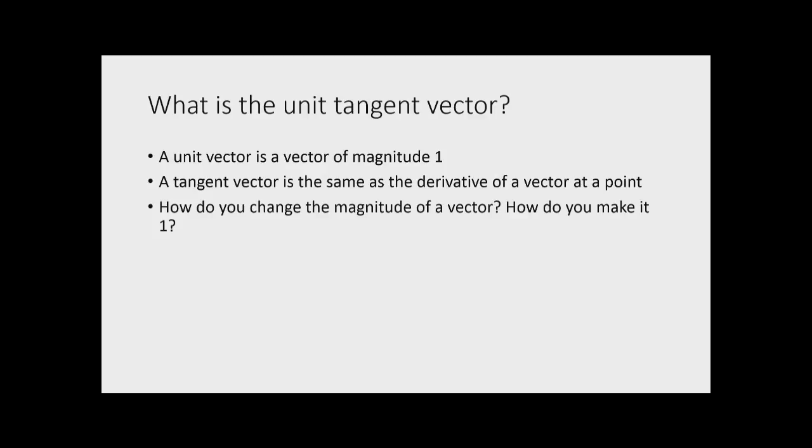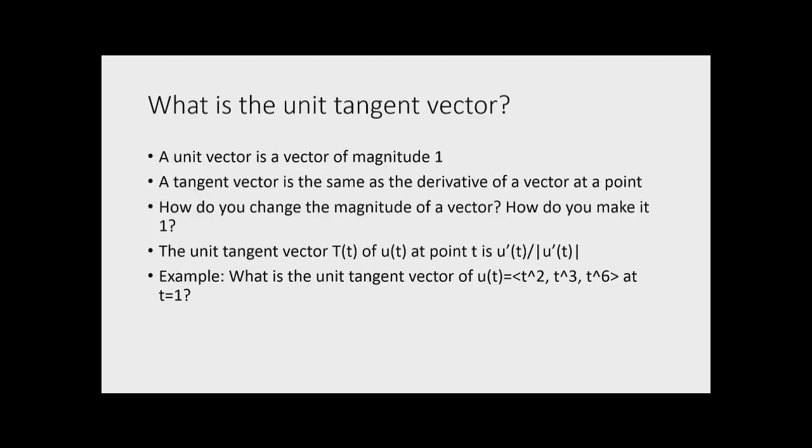We change the magnitude of a vector by multiplying it by a scalar. To make a vector's magnitude 1, we divide by the magnitude of the vector. The unit tangent vector, therefore, at a point of u of t is just u prime of t divided by the magnitude of u prime of t.